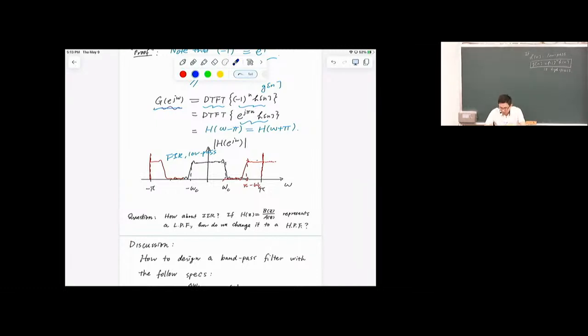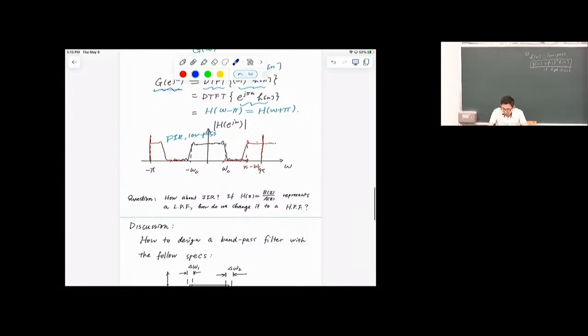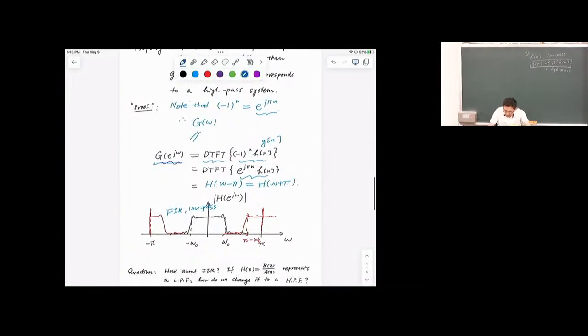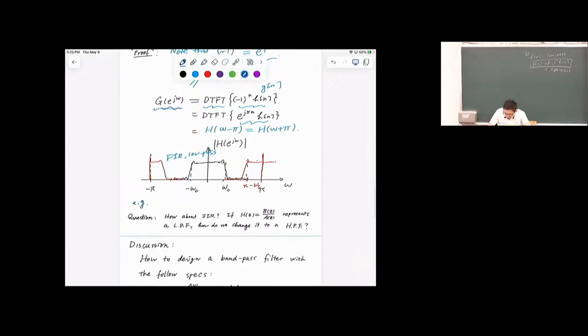Suppose, for example, that when we design an FIR filter, like in the discussion we had yesterday, your filter is truncating the ideal low pass response.